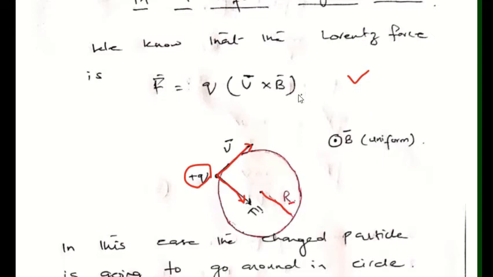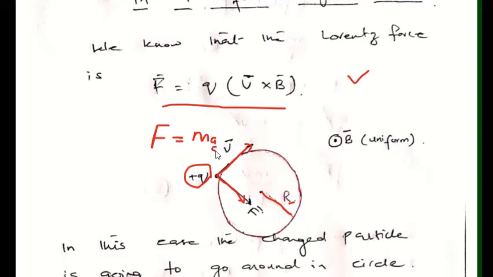So we have one force, that is, when a charged particle is moving in a uniform magnetic field, we have this Lorentz force. And when the particle is moving in a circular direction, then another force is acting on the charged particle, which is forcing it to move in a circle: F equals m a_c.